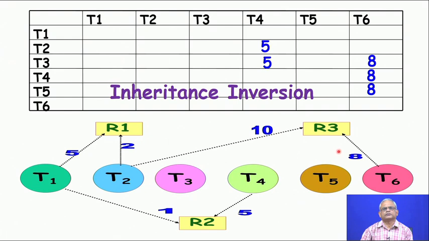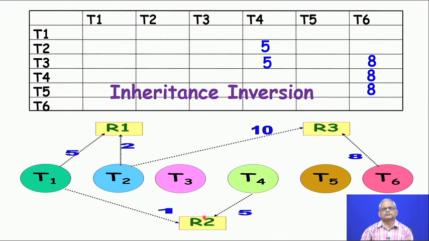That is equal to 8. So, all three of them will undergo 8 units at most of inversion on account of T6 using the resource R3, and that we have represented here: T3, T4 and T5 can undergo 8 units of inversion on account of T6, and T2 and T3 can undergo 5 units of inversion on account of T4 using the resource R2.